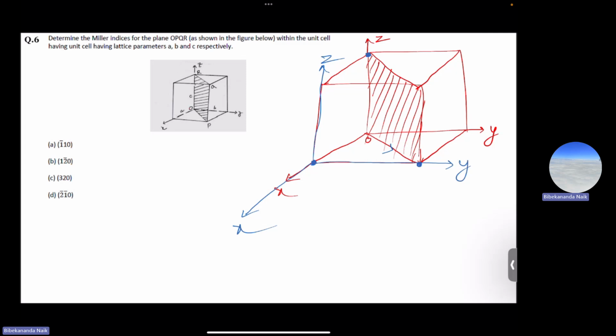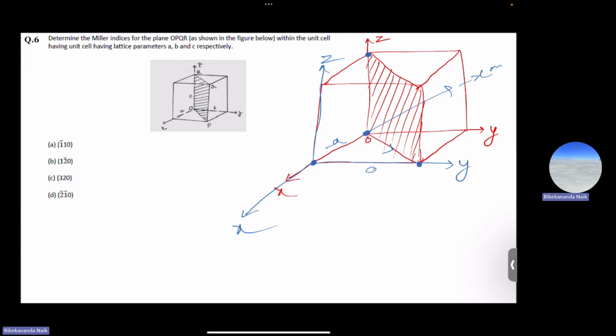So we moved. If this is 0, this point is nothing but minus a. For now, this point is minus a because this is the minus x axis. So this point is minus a, this is z, and this is y. Y is plus a. So this is a.